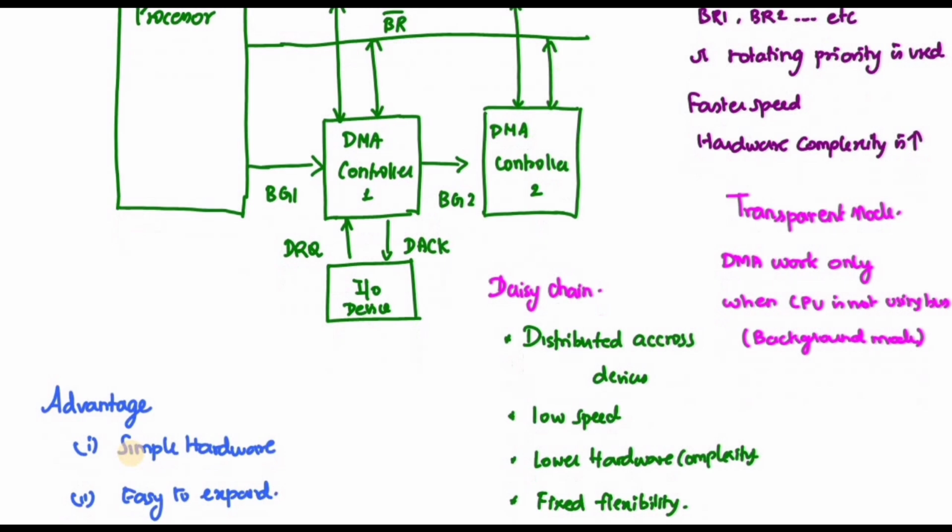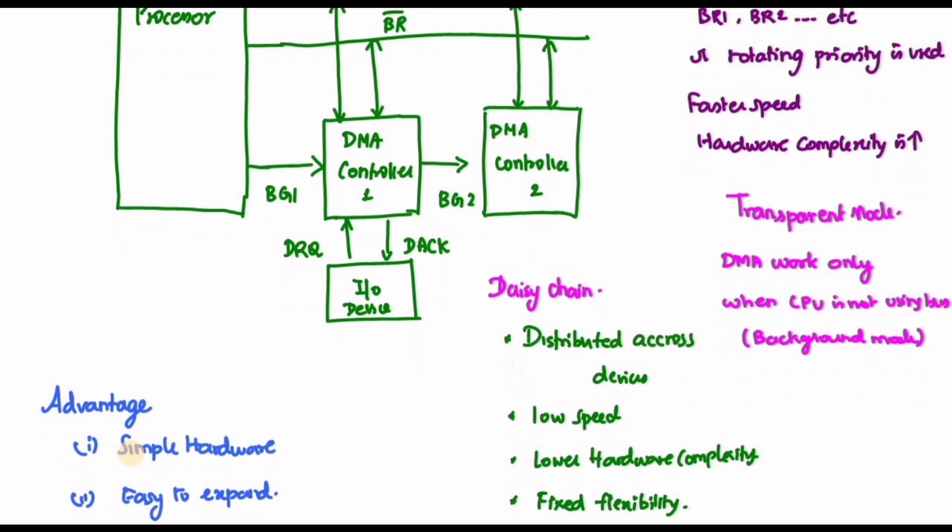So for all other devices, the bus busy signal will be activated. Once any one of the DMA controllers receives the bus grant signal, the others have to wait for the bus busy signal to become inactive.